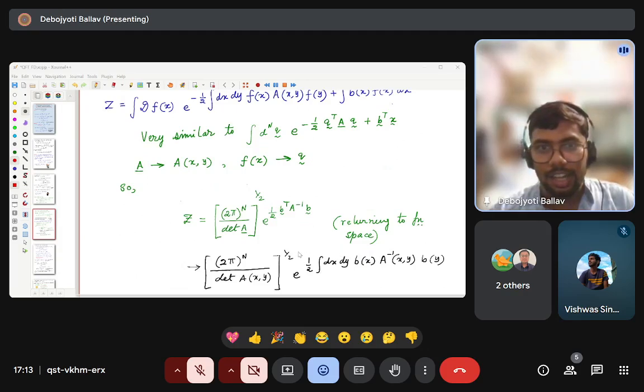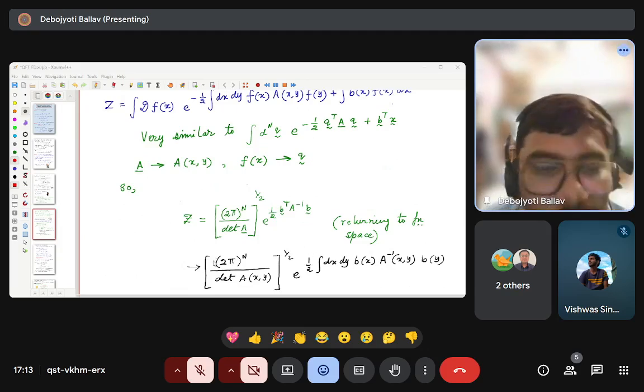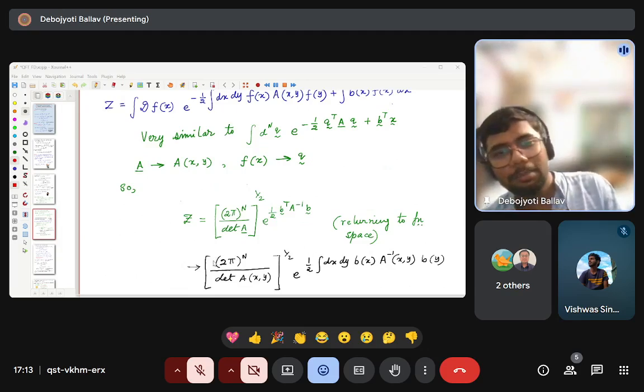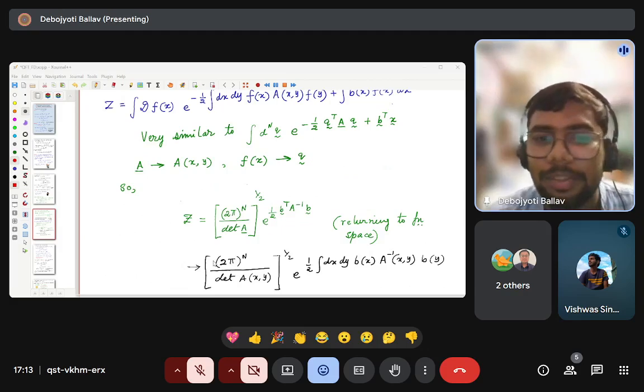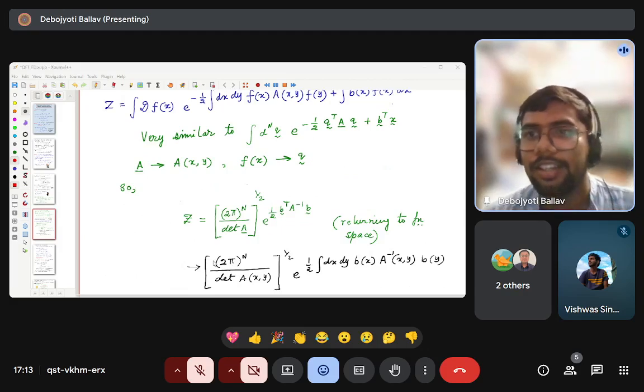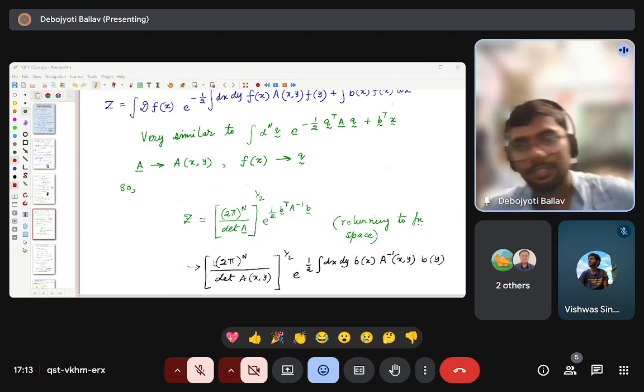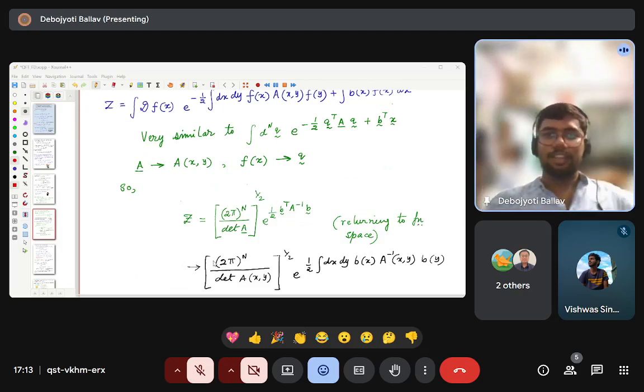How to take an inverse of an operator? Let me ask how to calculate this determinant of A(x,y). Any guess?